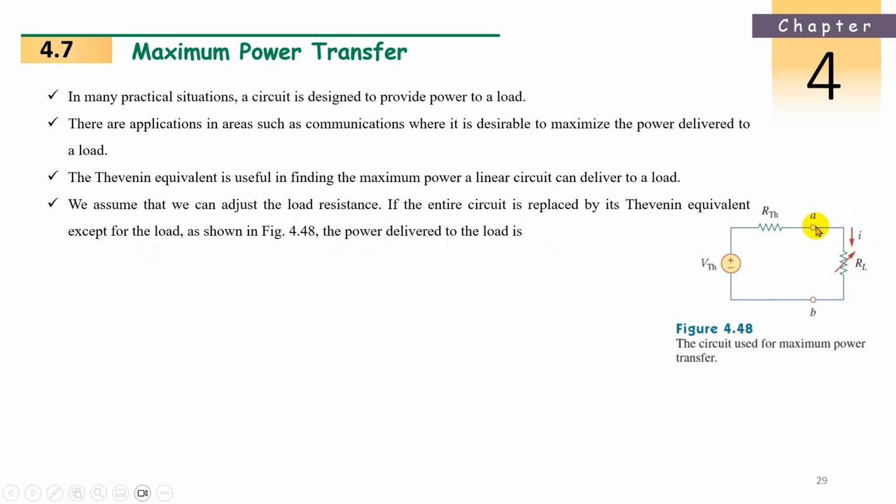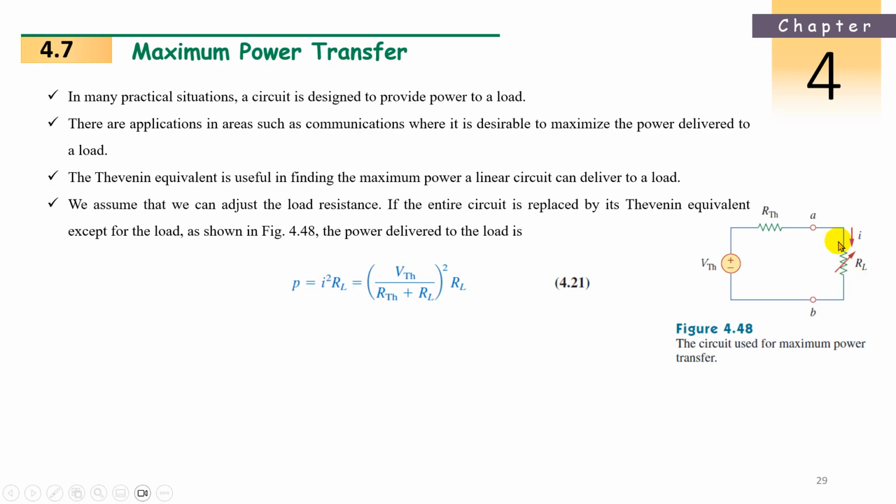On the left side between terminals A and B, we have the Thevenin voltage and Thevenin resistance. Now vary RL. As per this loop, what equation can we write for the power? What is the power in the resistor RL? It is nothing but I square into RL.